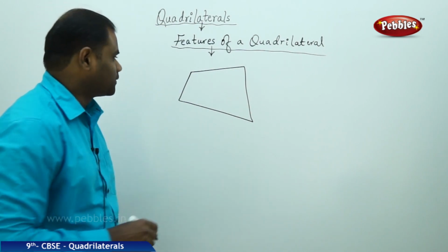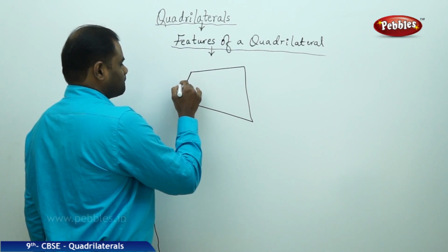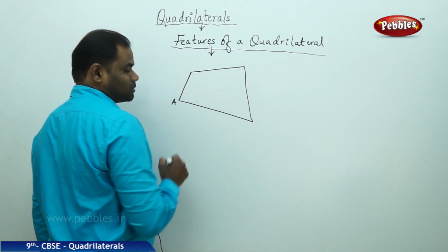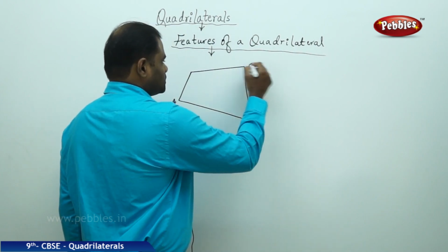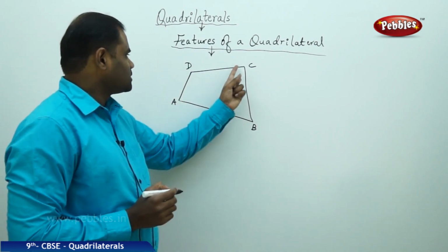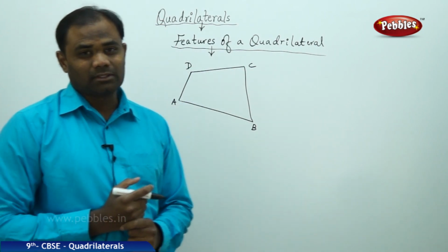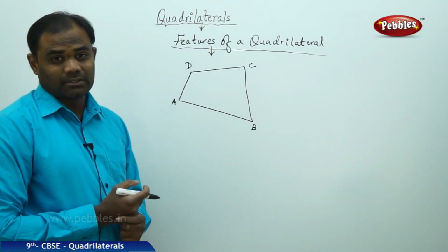Now in this quadrilateral, let me denote it with A, B, C and D. So here the points A, B, C and D, where the quadrilateral turns or where two straight lines meet, are called vertices.